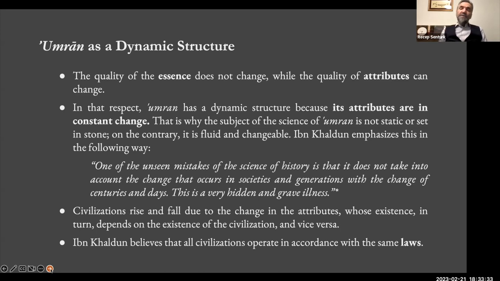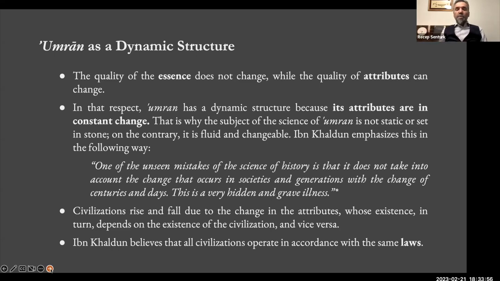The unchangeable attribute of history, the unchangeable attribute of society is change. Always change. Civilizations rise and fall due to the change in the attributes, whose existence in turn depends on the existence of civilization and vice versa.